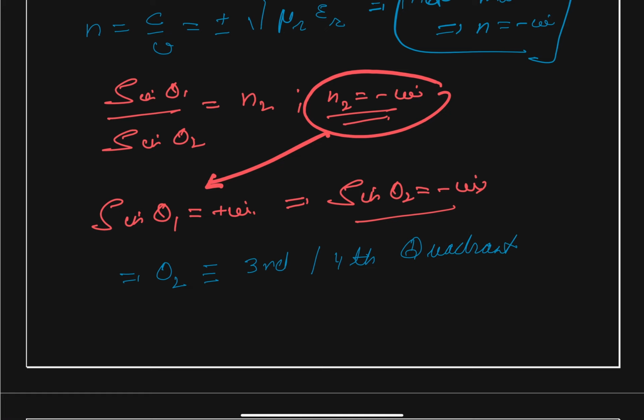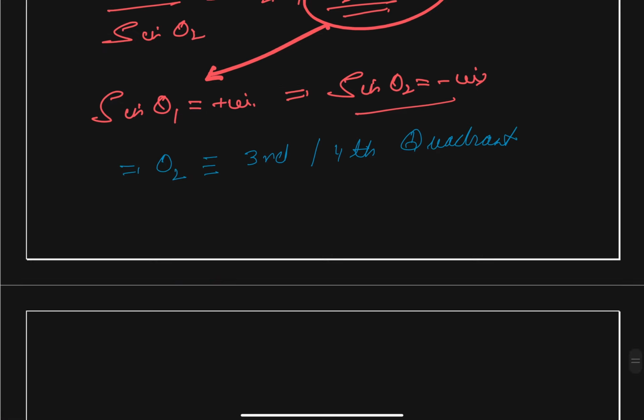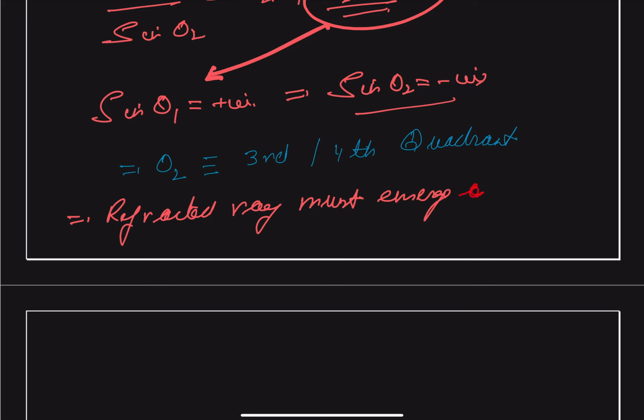But the refracted ray must emerge on the same side of the normal as the incident ray. We also know that a refracted ray must emerge on the same side of the normal as the incident ray.